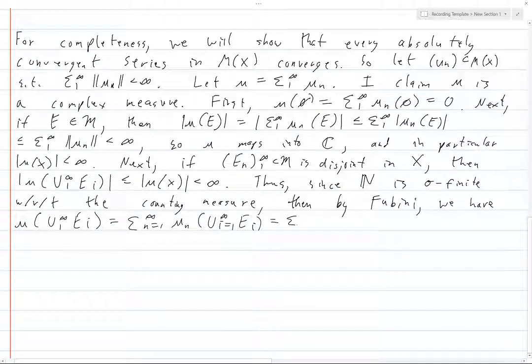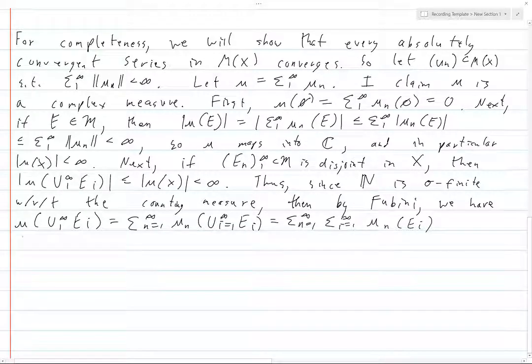This is equal to the sum from n equals 1 to infinity, and just looking at what each, the fact that each mu_n is a complex measure, we know that we can do this to it, that we can bring the union outside and make it a sum and keep the equality.